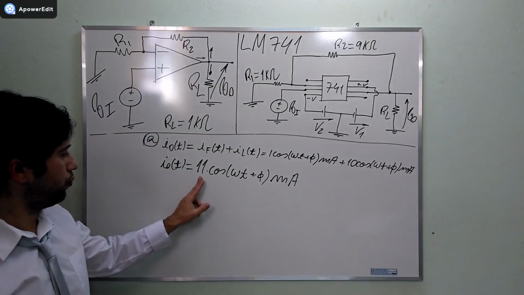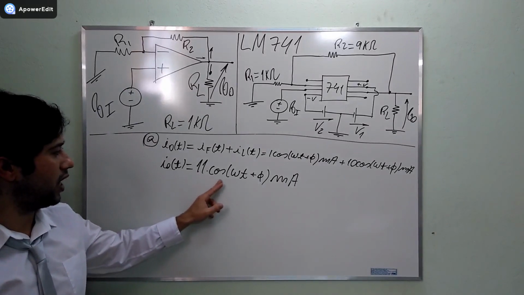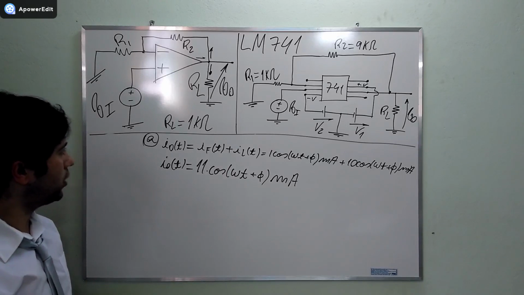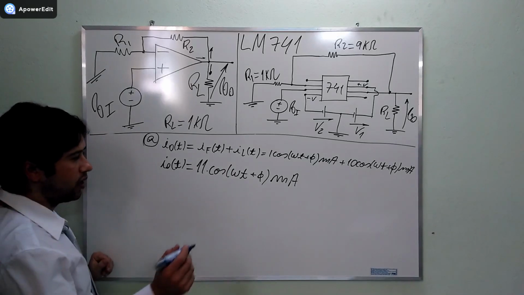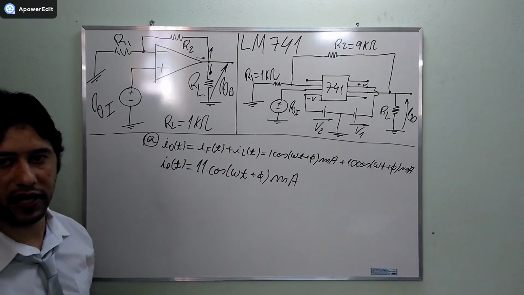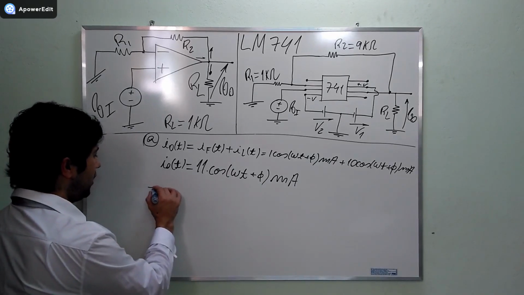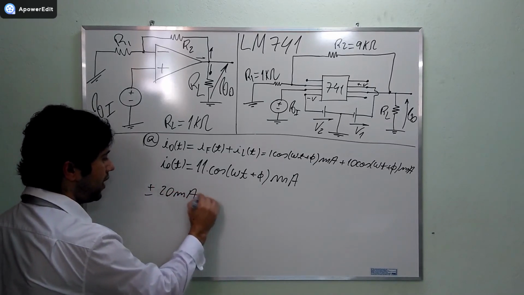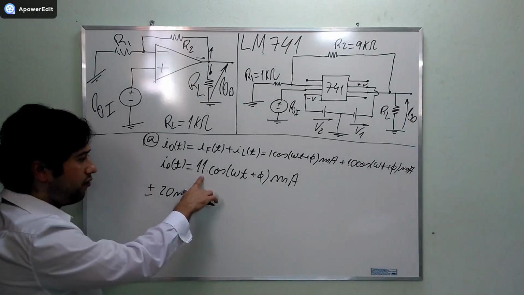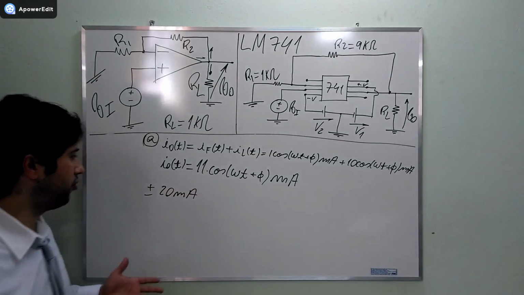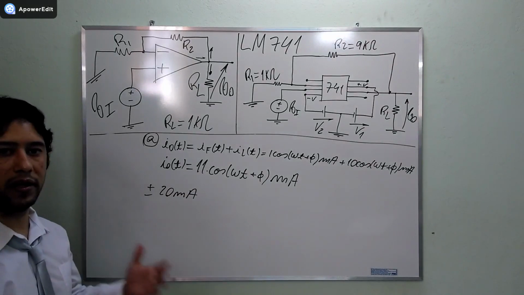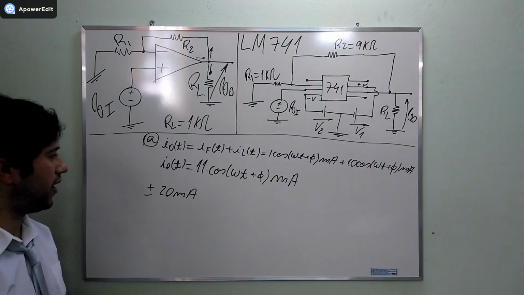Then the output current is going to be 11 times the cosine Wt plus phi milliamperes. The limitation that the exercise gave us was that it should have been under 20 milliamperes. 11 is under 20 milliamperes, so we are operating in the normal range of the device.